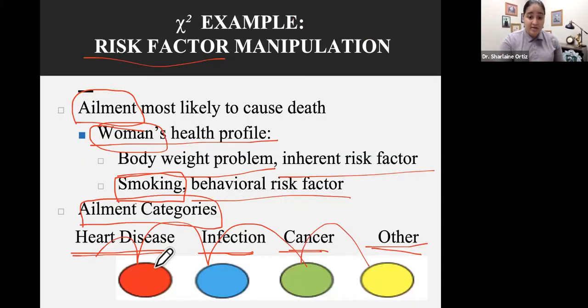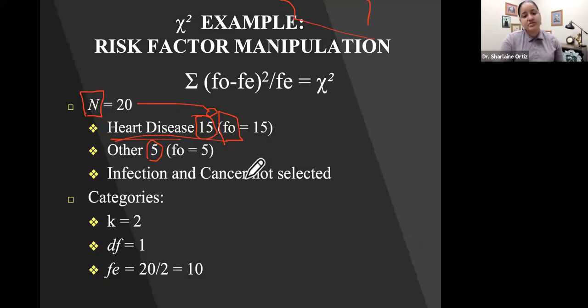Notice that out of my 4 categories, heart disease, infection, cancer, and other, I actually had to eliminate infection and cancer, because simply none of the participants had a high risk for them.